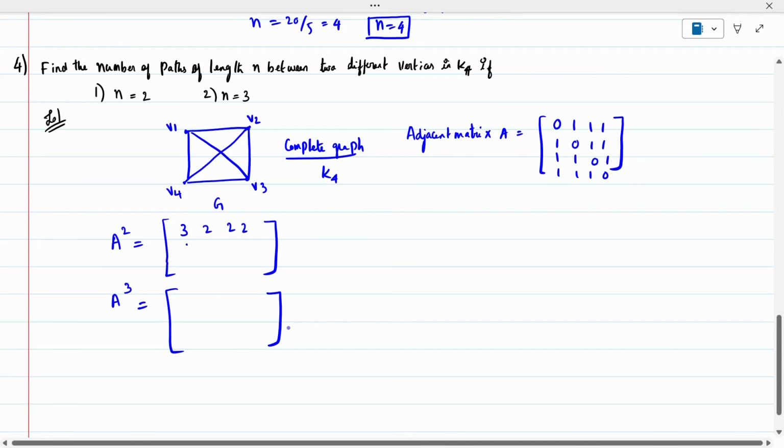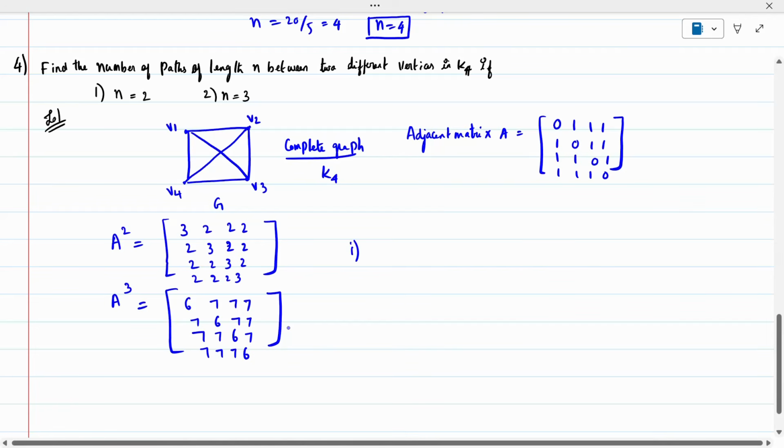A squared is 3 2 2 2, 2 3 2 2, 2 2 3 2, 2 2 2 3. Now the A cube answer: 6 7 7 7, 7 6 7 7, 7 7 6 7, 7 7 7 6. So A squared and A cube are completed.